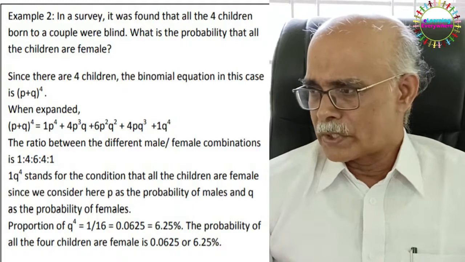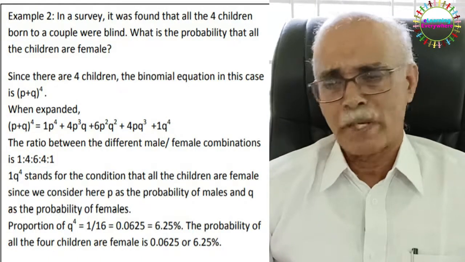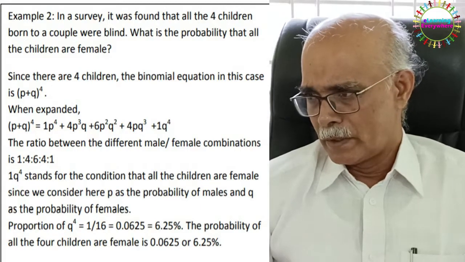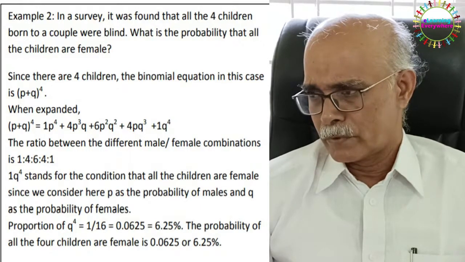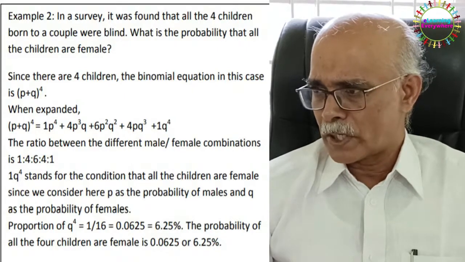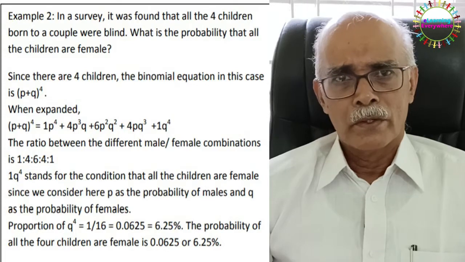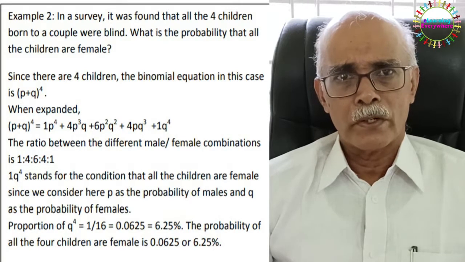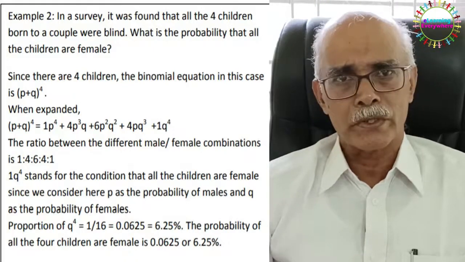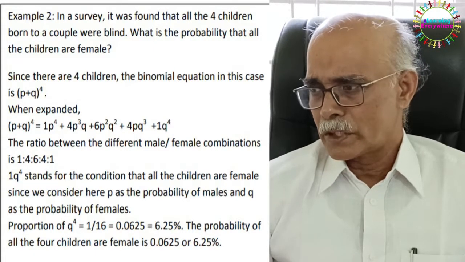Here we consider P as the probability of males and Q as the probability of females. And it is as per the expansion of the binomial (p plus q) raised to 4. Q raised to 4 is the last term of the expansion, and it is 1 q raised to 4.